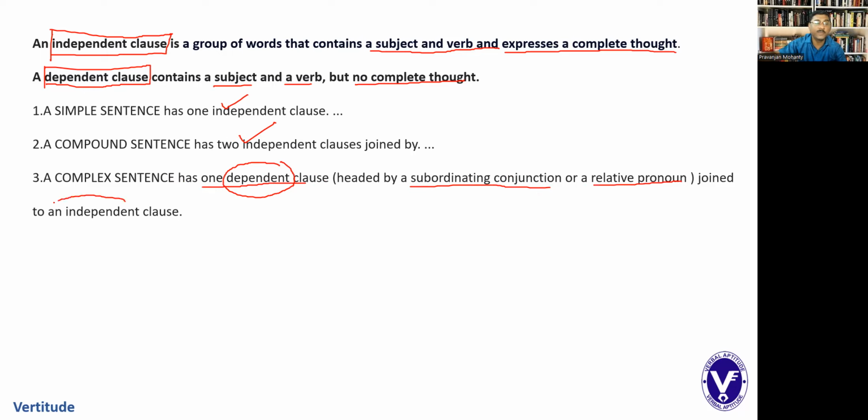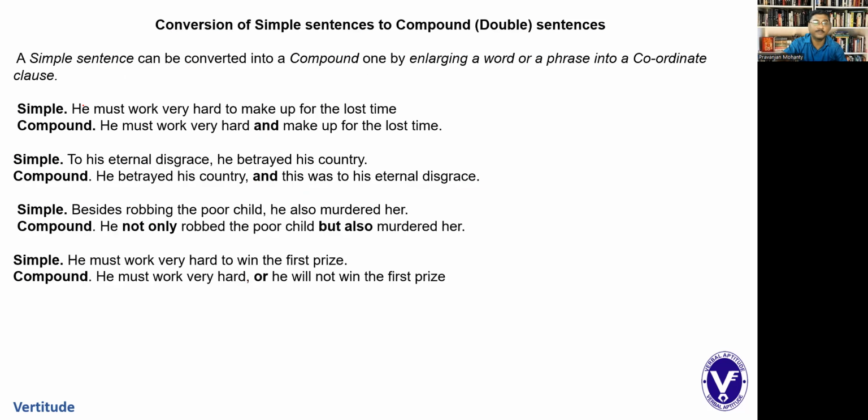So the dependent clause is joined. So a complex sentence has got a dependent and an independent clause. A compound has got two or more independent or main clauses. A simple one has got one independent clause. Clear? Are you clear what is a simple sentence, compound sentence, complex sentence? Because once you understand this, then while you do the conversion, it will be easy for all of you, right?